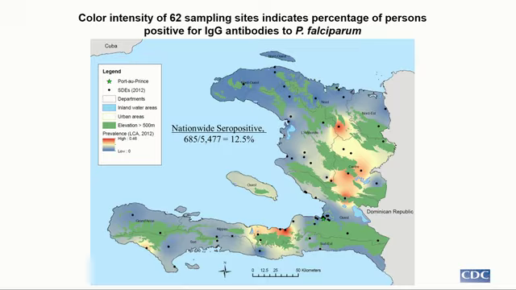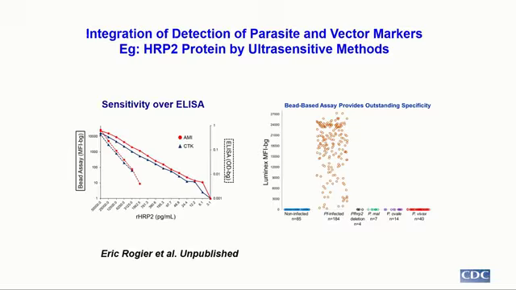These maps need further validation to see whether they truly predict where the real transmission hotspots are, and that's what we are in the process of validating. If we can validate that, this will become a very important tool for predicting transmission and deploying interventions to the right area.